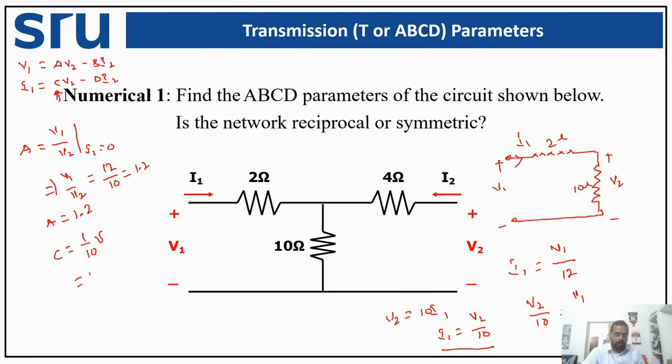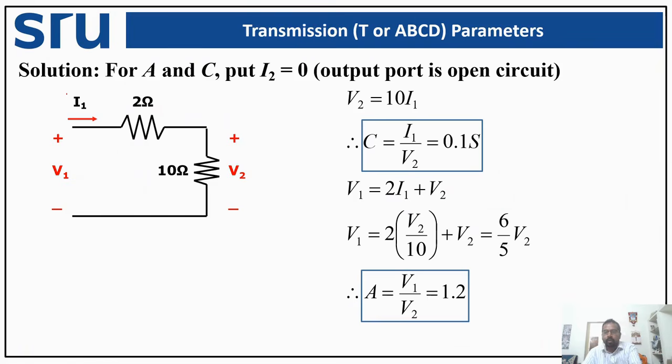This value can be written as 0.1. Now our objective is to find the values of B and D, which we do by making V2 equal to 0. So these are A equal to 1.2 and C equal to 0.1.